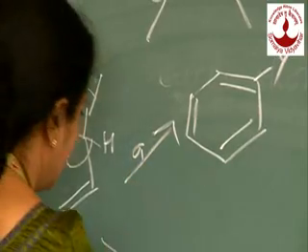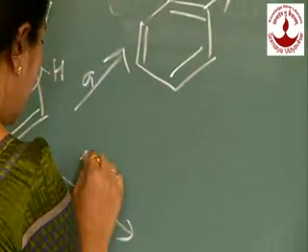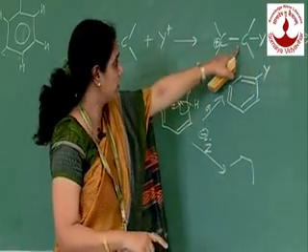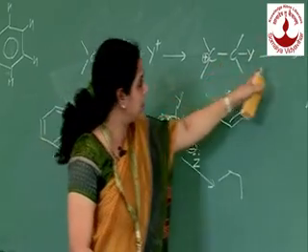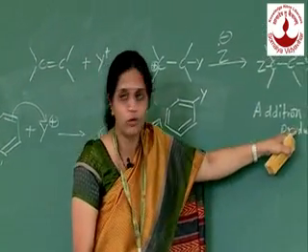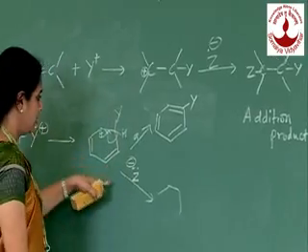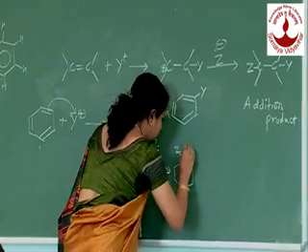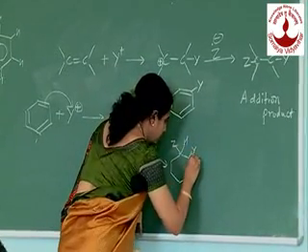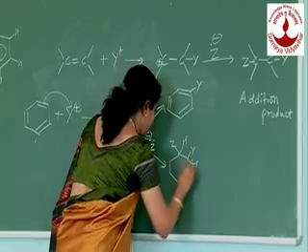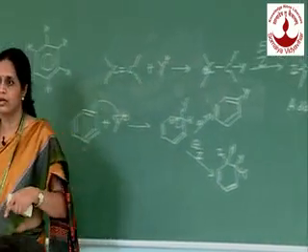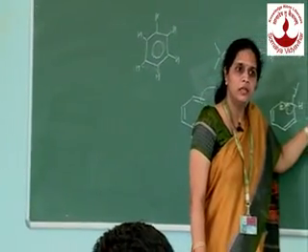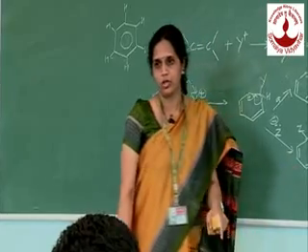Another pathway could be that it reacts with a nucleophile, as in case of the alkene. In case of the alkene, this was the carbocation formed. Later it reacted with the nucleophile and gave you the addition product. Now here, if it reacts with the nucleophile, it can give you the addition product. It is found that benzene gives the substituted product rather than the addition product.